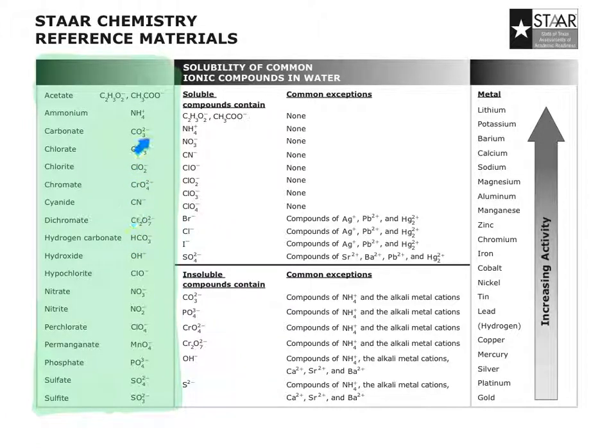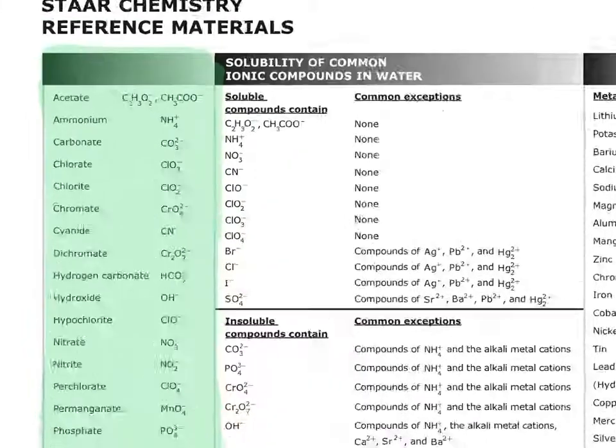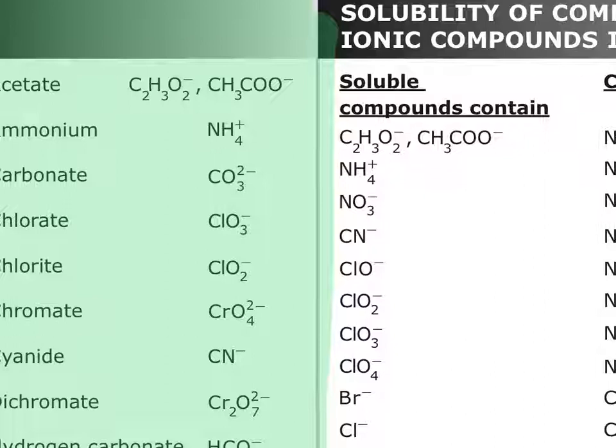So sometimes you'll notice that they'll write the negative symbol after the number. Okay, or sometimes they'll just write the positive symbol by itself or a negative symbol by itself. Okay, if there's just a symbol by itself with no number, it's implied that it's a 1. Okay, if I zoom in here a little bit, you'll notice that NH4 plus is the same thing as writing NH4 plus 1. Now over here, carbonate, it says CO3 2 minus.